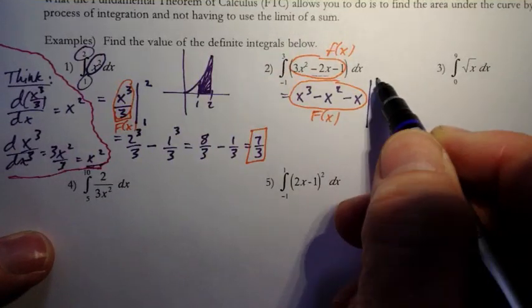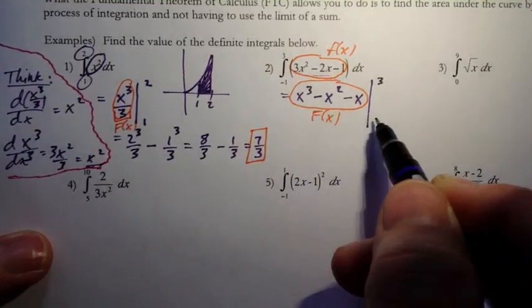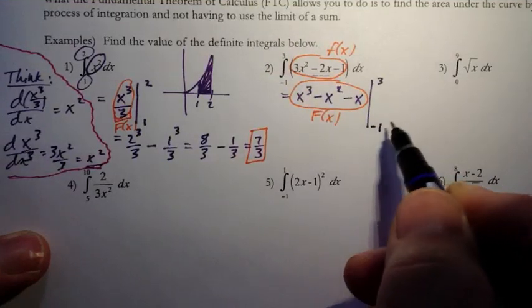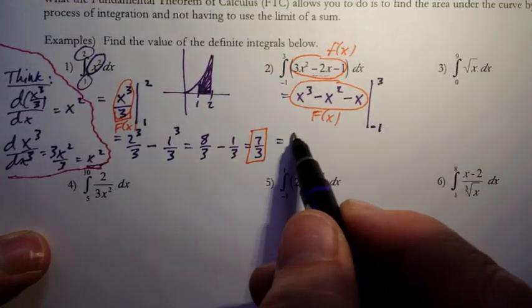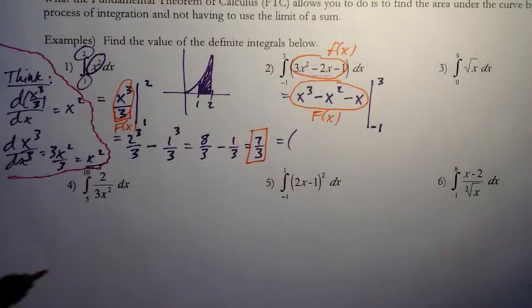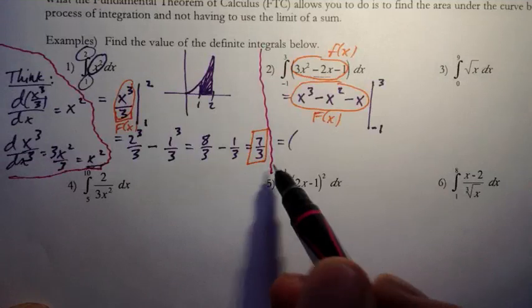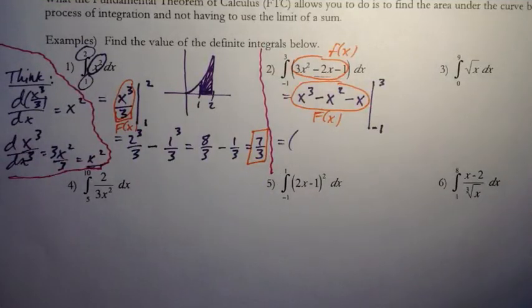We evaluate that antiderivative at 3 first and then at negative 1, so from negative 1 to 3. And that equals, and we got to cordon this off as well, that is no longer part of our problem.